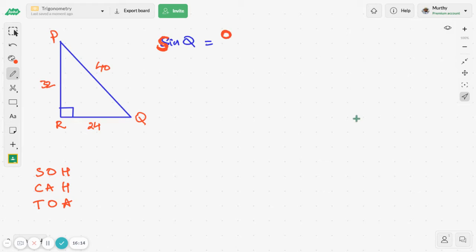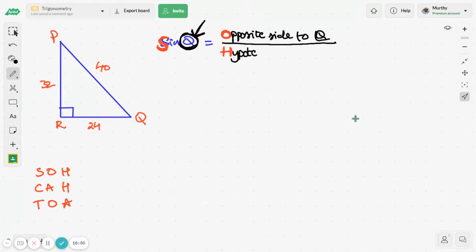So let me write O, and the denominator is H. Now let's elaborate this one. O stands for opposite side to, and here this letter plays a vital role. Friends, this letter plays a vital role. You have to be very, very careful. So here it is the opposite side to angle Q, and H stands for hypotenuse.